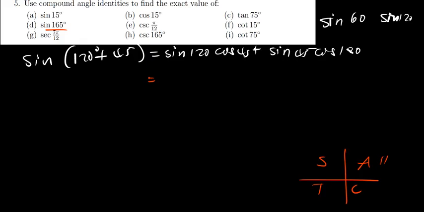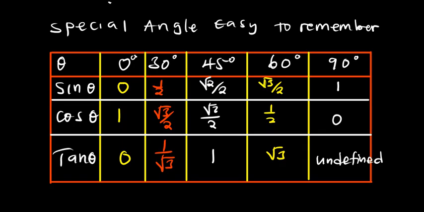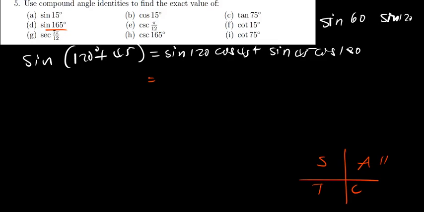So this is the same as sine 60. Like I said, sine 60 is root 3 over 2, so that is going to be positive. Root 3 over 2. What is cos 45?